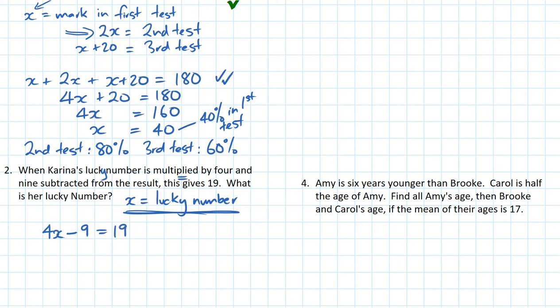Let's solve it to work out X. 4X minus 9, that minus 9 there, I'm going to add 9 to both sides. When I do that, I get 4X equals 28, and then dividing both sides by 4, I end up with X equals 7. So her lucky number is 7.